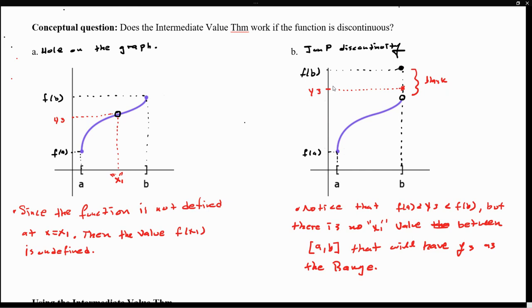So this is why when we talk about the intermediate value theorem, the function needs to be continuous, or else we can encounter these two types of situations. Either there's a hole or there's some kind of a jump discontinuity.